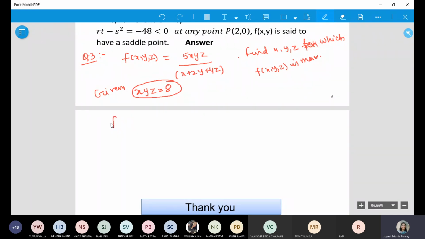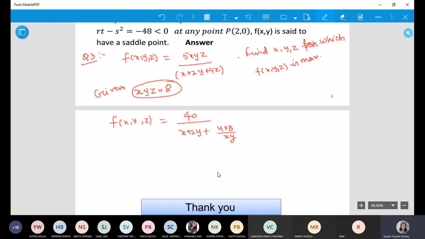How? We can write f(x,y,z) equals, now xyz is 8, 8 5s are 40, 40 upon x plus 2y plus 4z. Now z is 8 upon xy. So 4 into 8 upon xy.